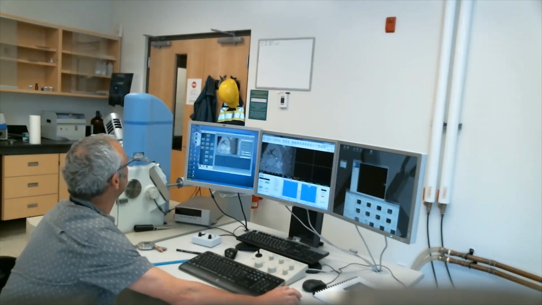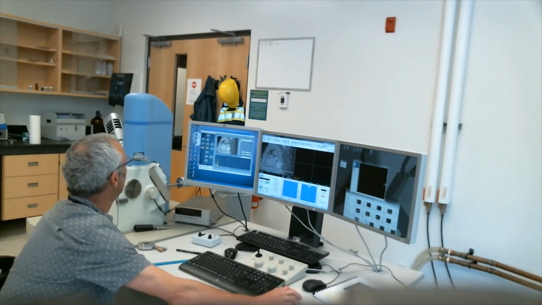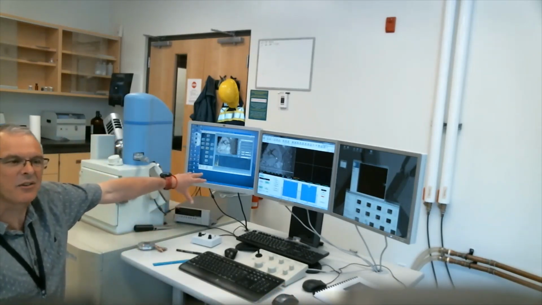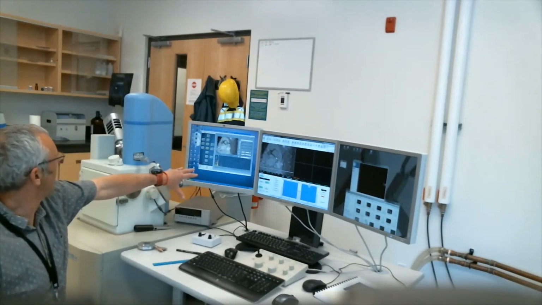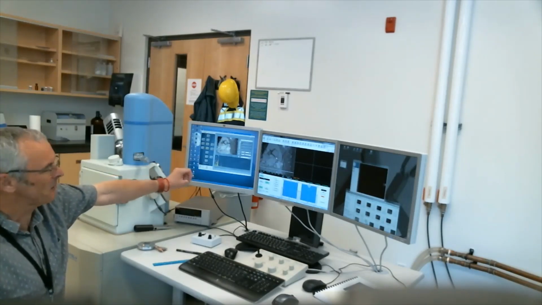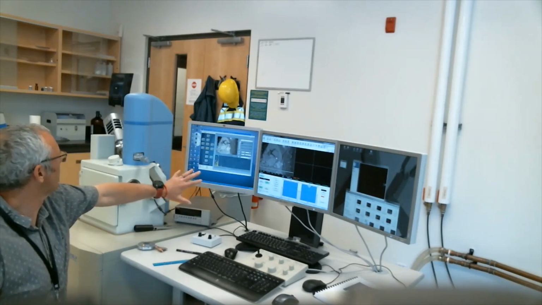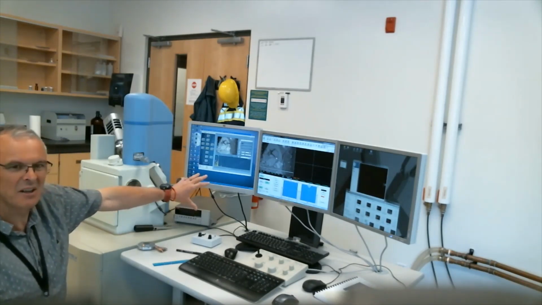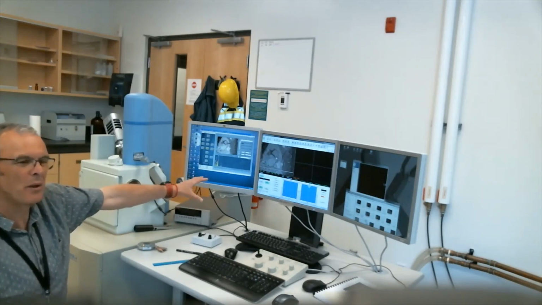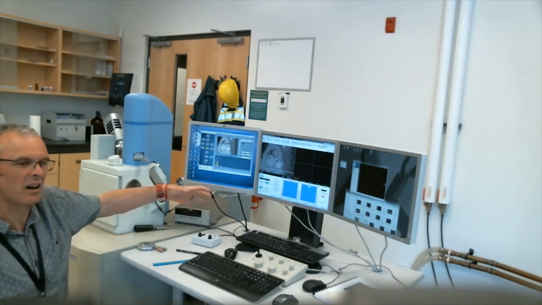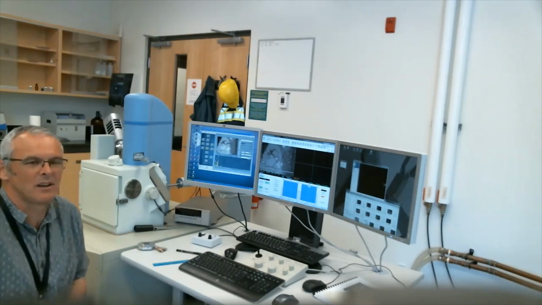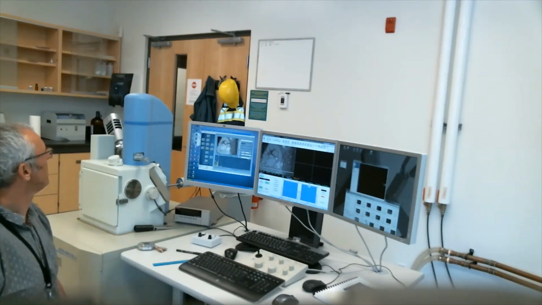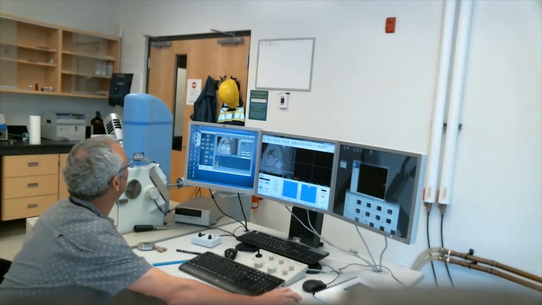You probably won't be able to see it well, but the machine is acquiring that spectrum. You can see the X-ray lines coming up, and the software has automatically identified oxygen, sodium, aluminum, and silicon. I've seen enough albite in my life to know that the proportions of those peaks are what we get in albite, and that makes sense because we've seen a lot of late-stage Clevelandite growth on this sample. Okay, so that's great.